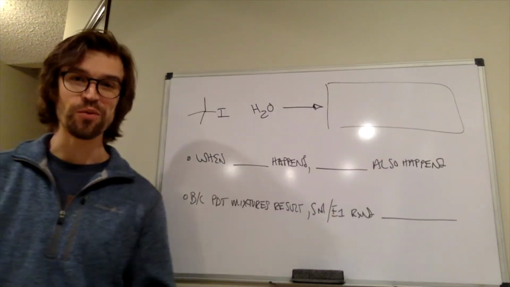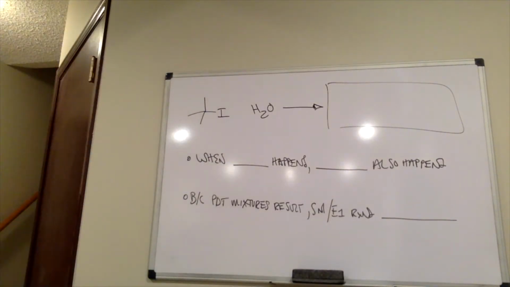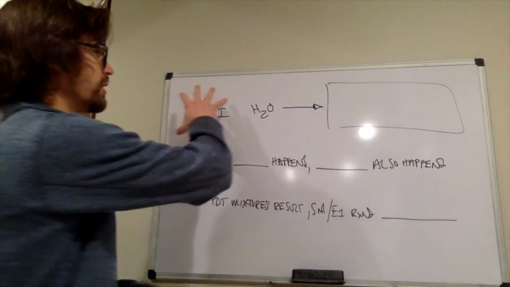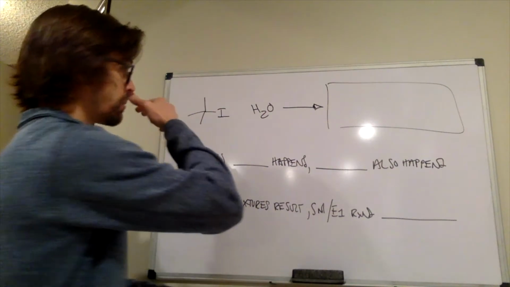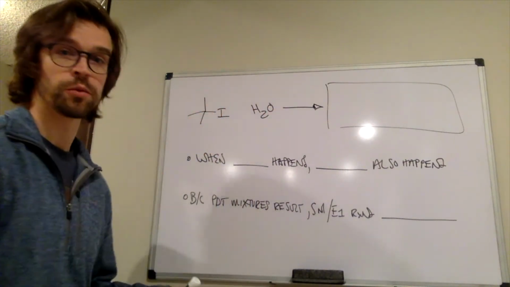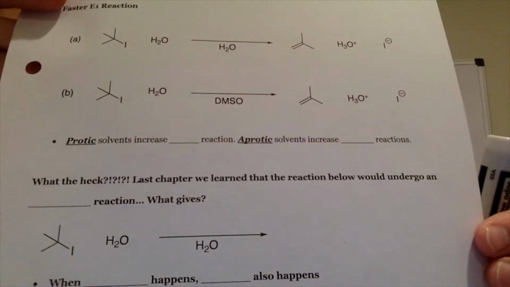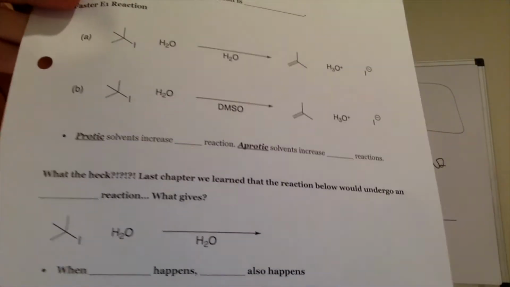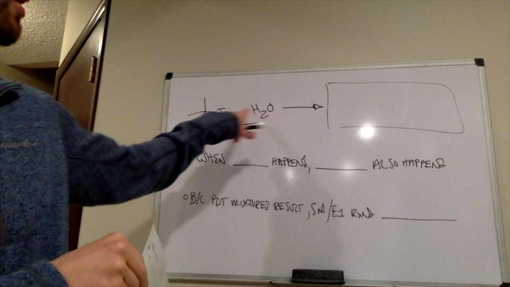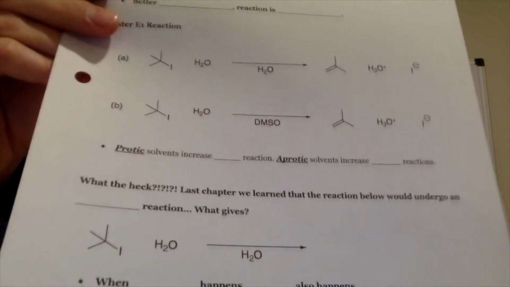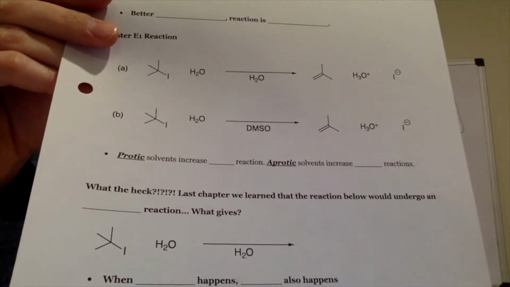Right, we talked about E1 reaction rate a little bit, and now I have this next statement. So we have this thing up here, predict the product with water mixed with this alkyl halide, and it says, what the heck? Last chapter we learned that the reaction below, which is actually above here, would undergo a blank reaction.